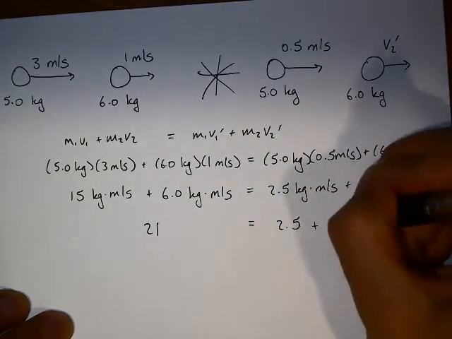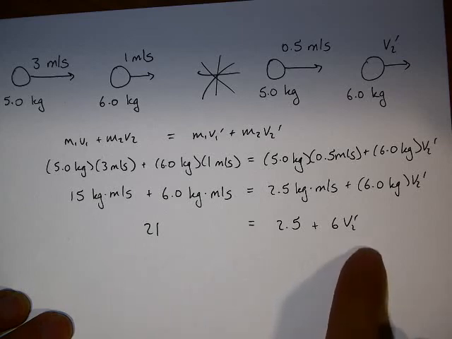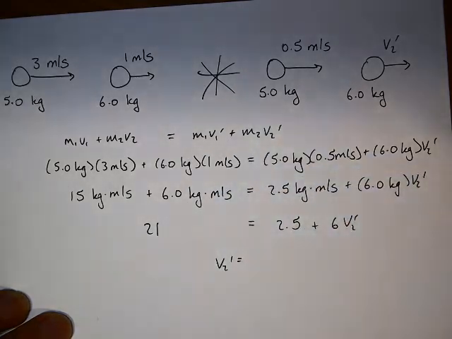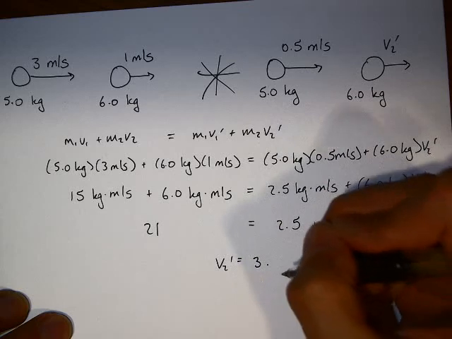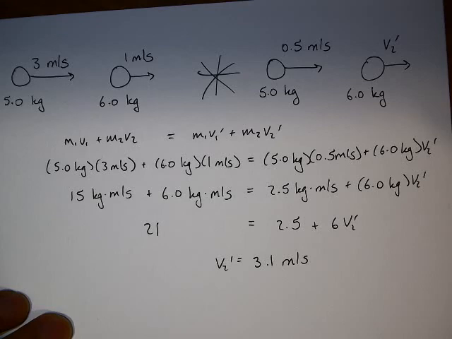Over here we have 2.5 plus 6 v2 prime. And if you plug this into your calculator, you'll see that v2 prime equals 3.1 meters per second. Kinetic energy was not conserved in this case, but momentum was and always will be.